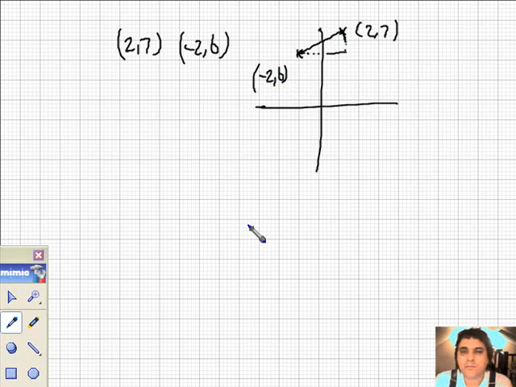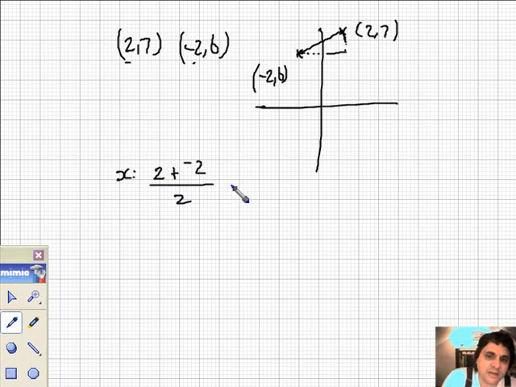Right. How do you get the gradient? Well, you may recall that you find the average x value. So here's my average x value, 2 plus minus 2, then halve it, and so 2 plus minus 2 is 0. So I've got 0 divided by 2, and the answer is 0. Now look at my y coordinate.